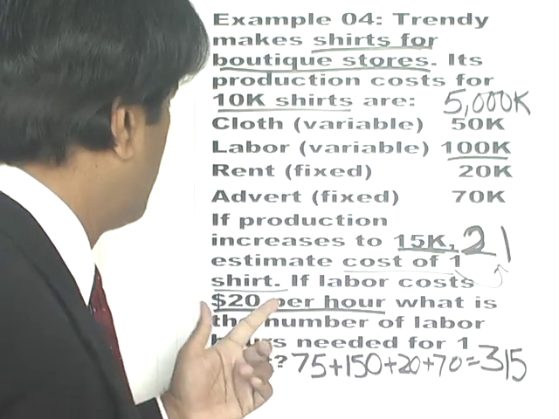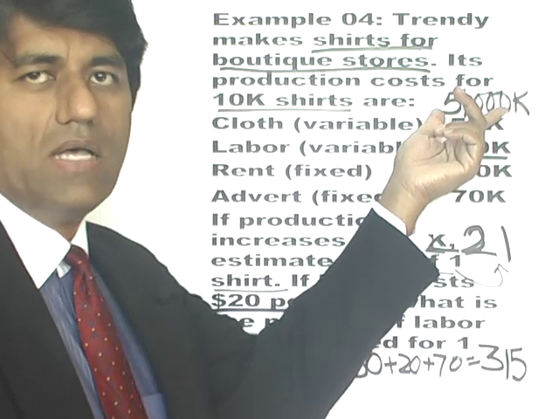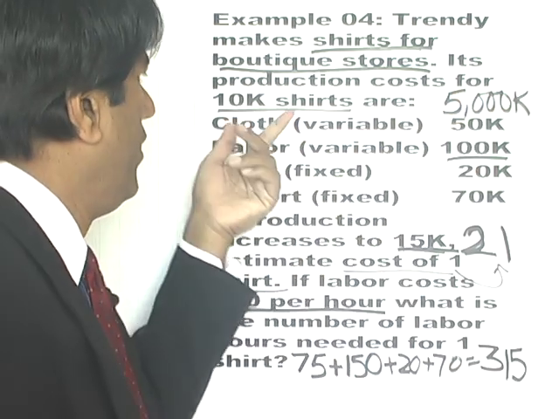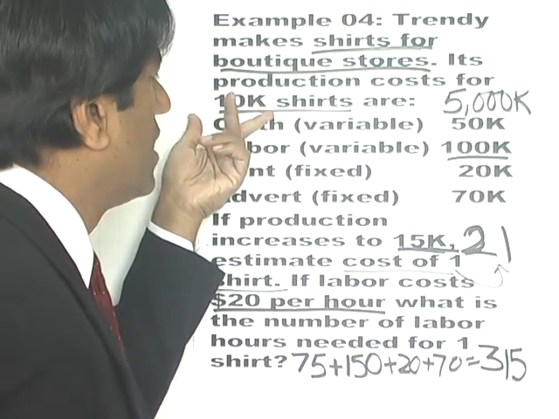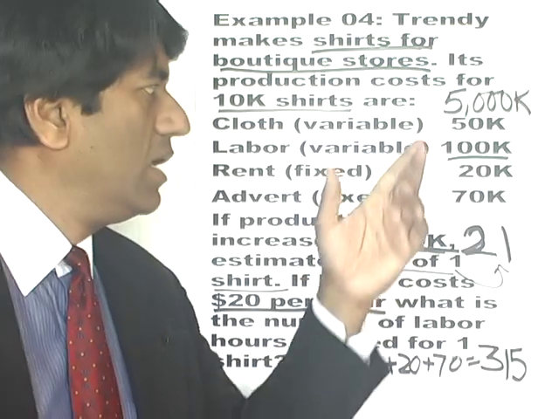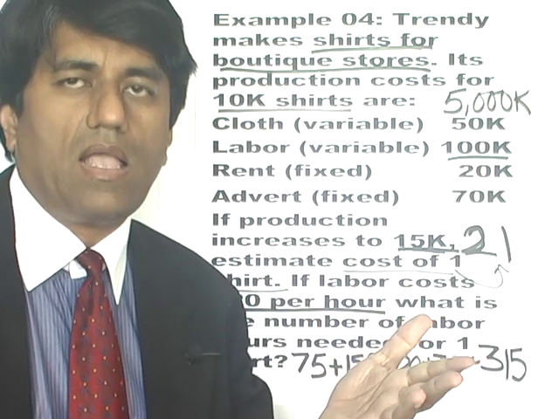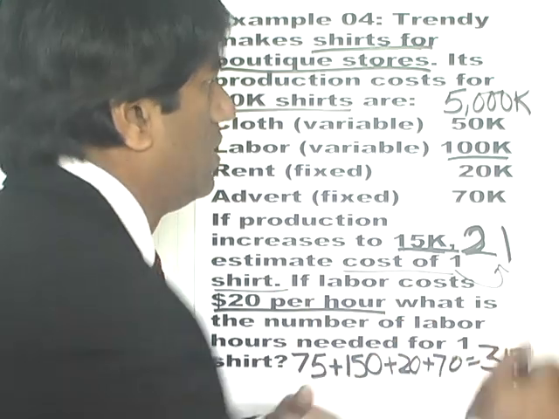So 100,000 divided by 20 is 5,000. So if 5,000 labor hours are required to produce 10,000 shirts, then the number of labor hours required per shirt is 5,000 by 10,000, which is half an hour per shirt.